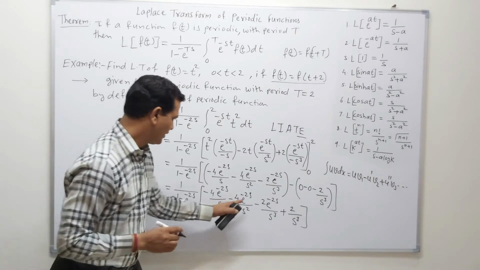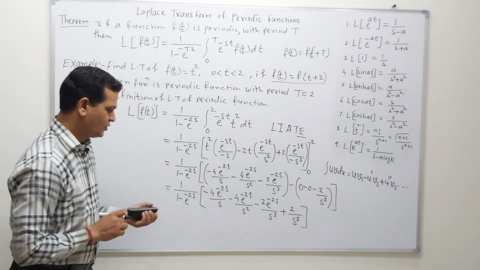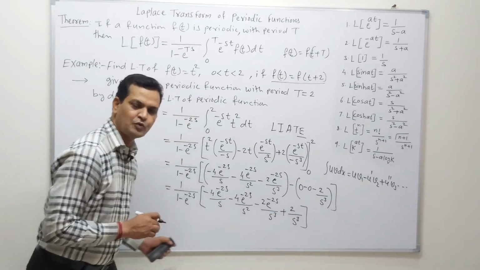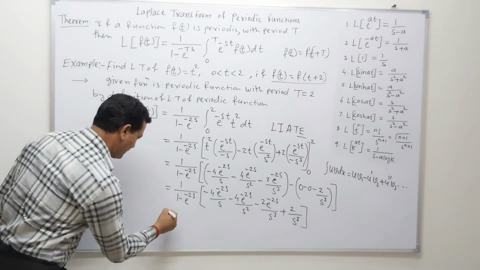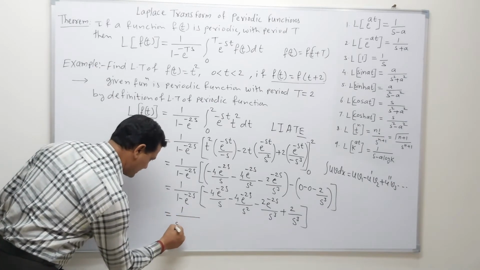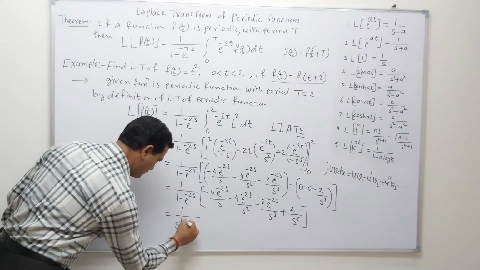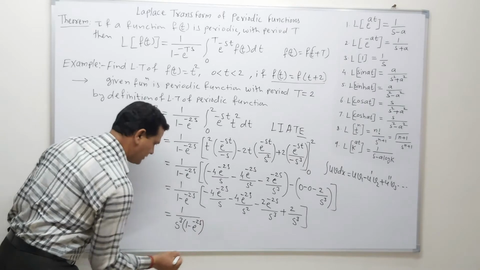Now afterwards it is not possible for us to simplify this term. So now it is always possible for us to take the term s cube common from the denominator. If we take s cube common from the denominator, then we get this as s cube into 1 minus e raised to minus 2s, first term.